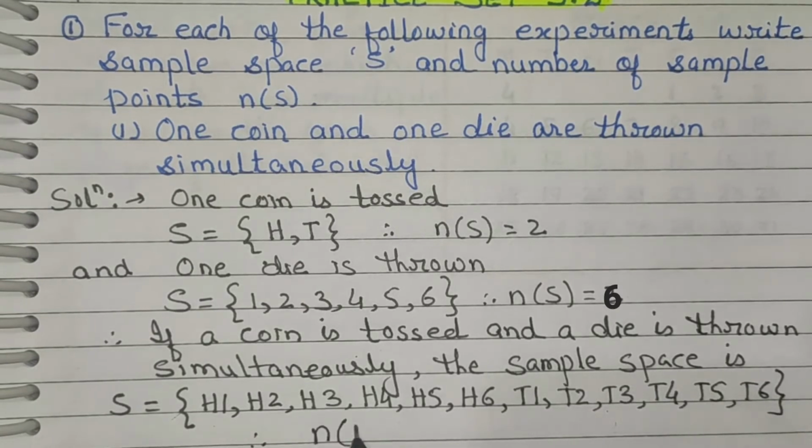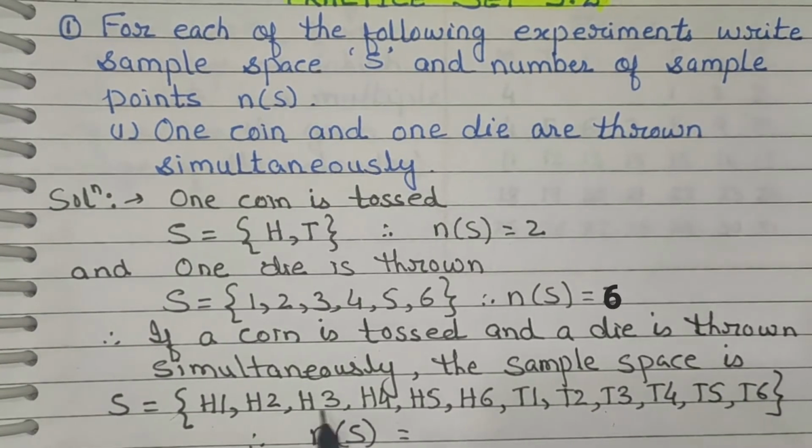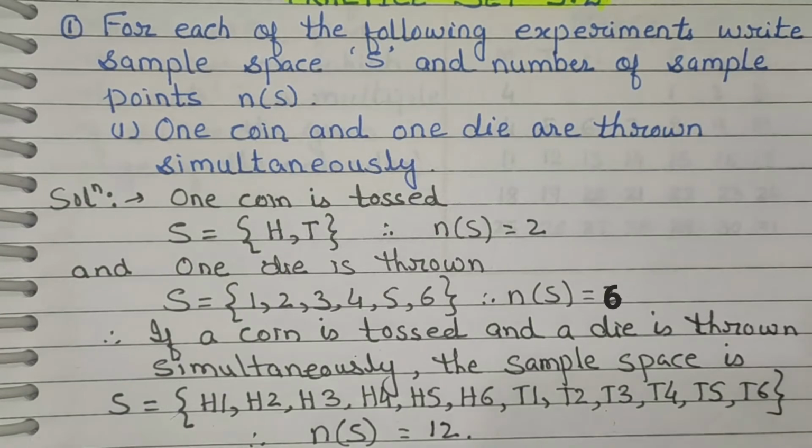Therefore total number of elements here is 1, 2, 3, 4, 5, 6, 7, 8, 9, 10, 11, 12. Therefore we get here n of S is equal to 12.